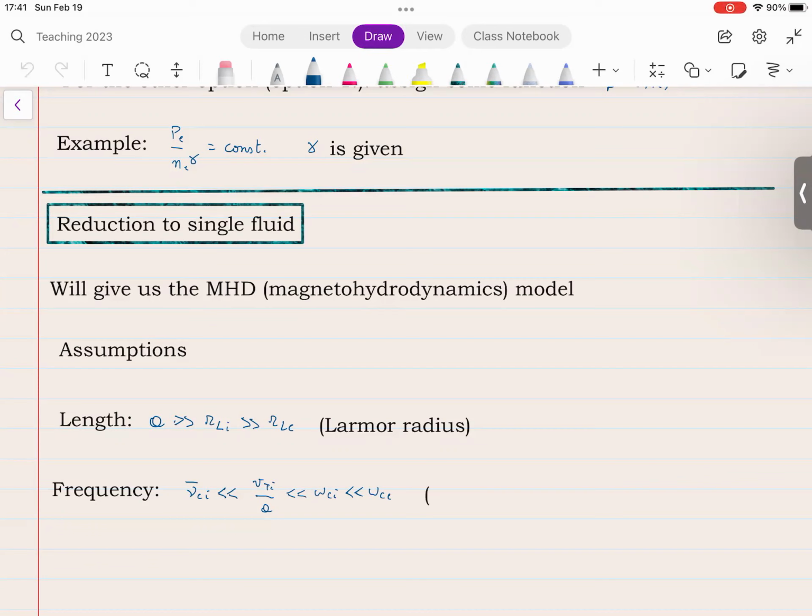If you prefer, I can call these gyration frequencies.